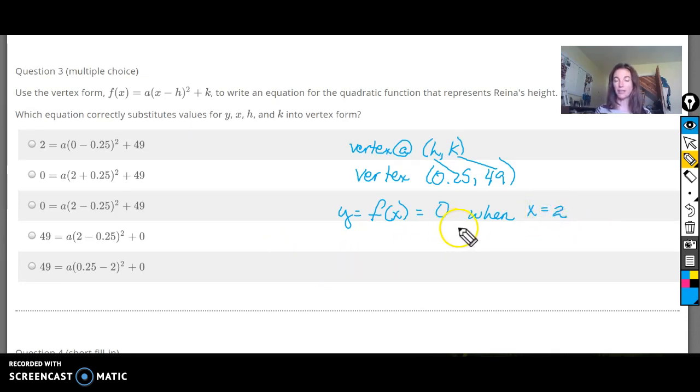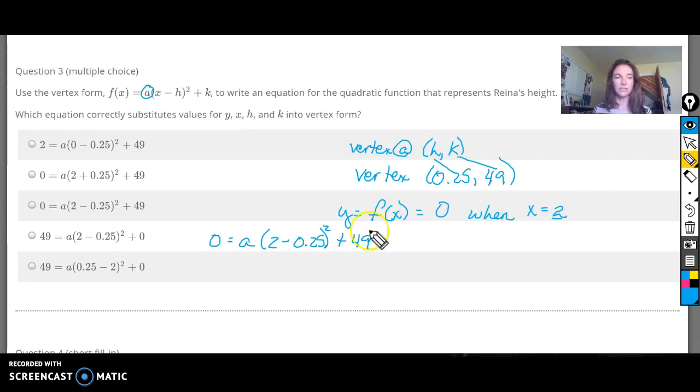So we can plug these values in as well, and it'll leave us in a position to solve for a. So f of x is 0 equals a times the x value that we've identified, 2, minus 0.25. Remember, the quantity is squared, and then we're adding 49.